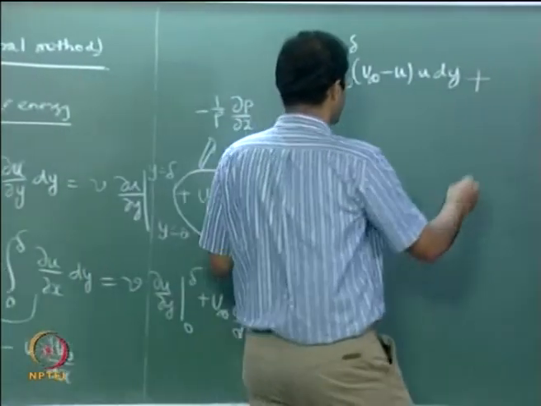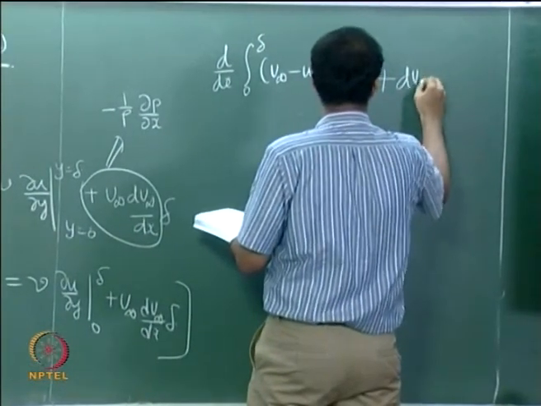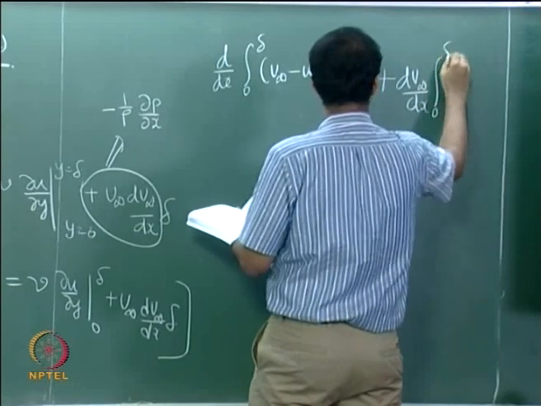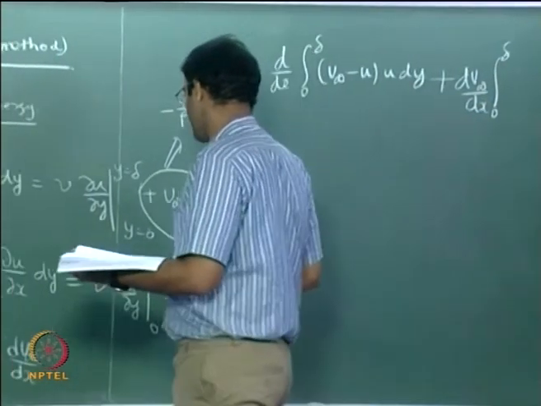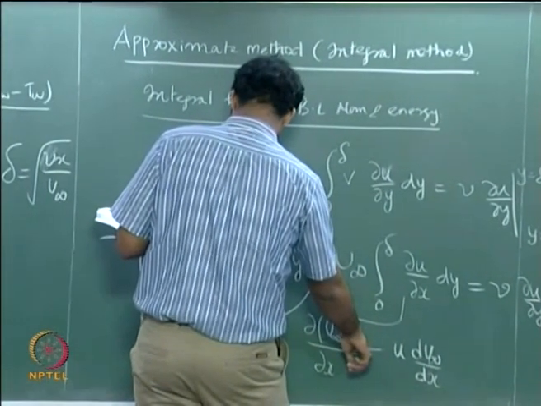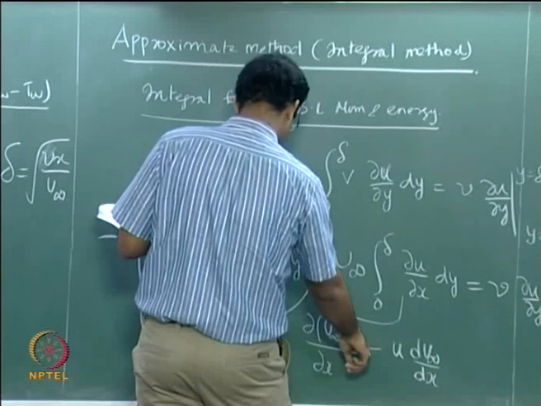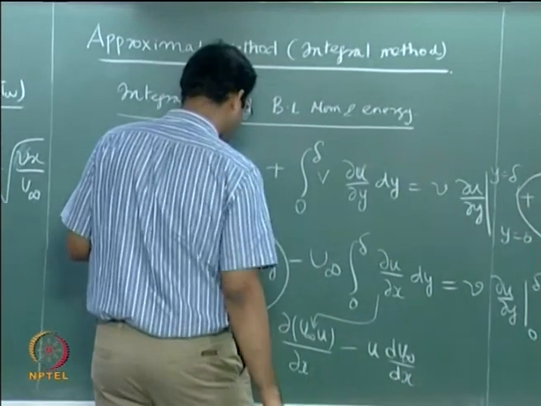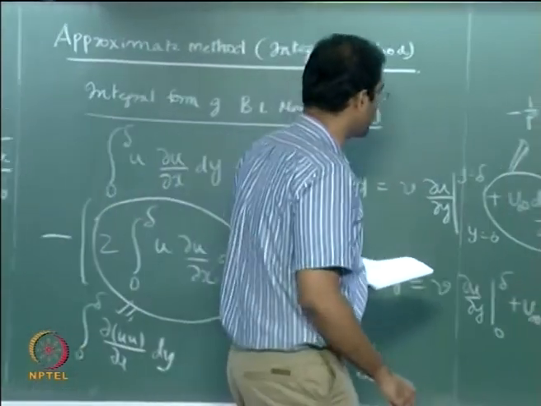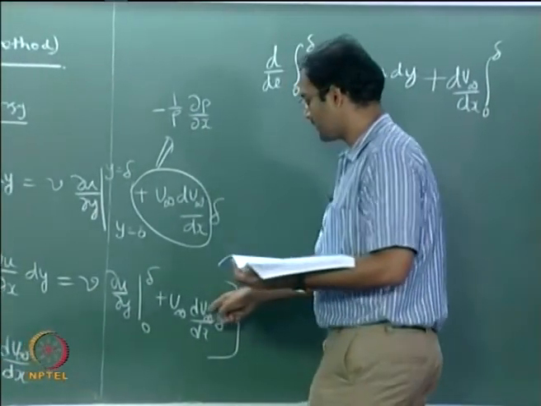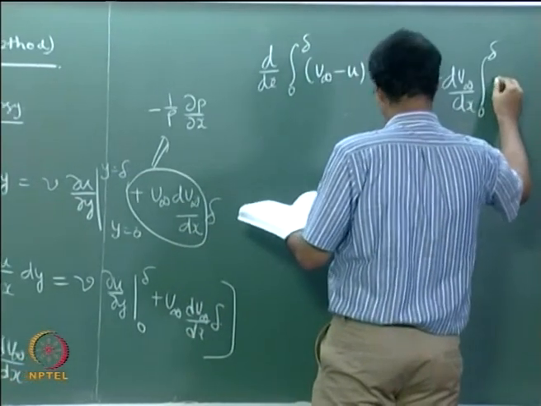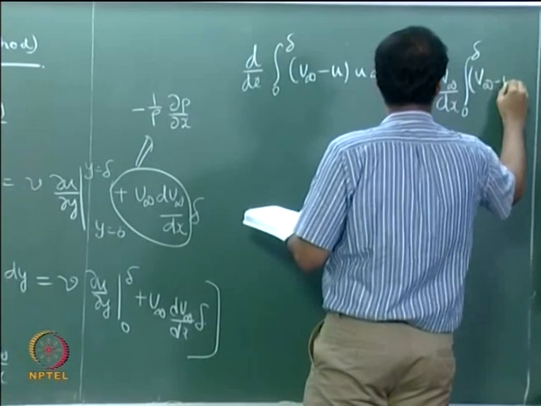So this can be written as du infinity by dx integral 0 to delta. Here I have a negative sign and I multiply it with a negative sign, so this should become positive. Again I multiply it with a negative, so that should become negative, and this one is already negative, goes to the left hand side, that becomes positive, so this becomes u infinity minus u dy.